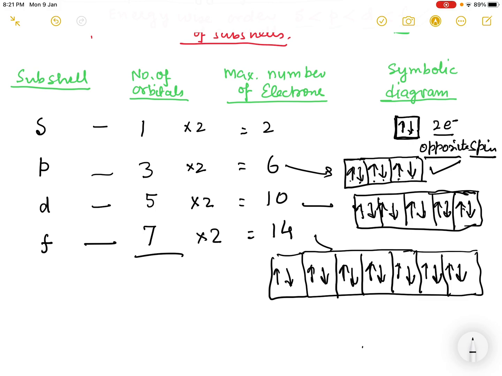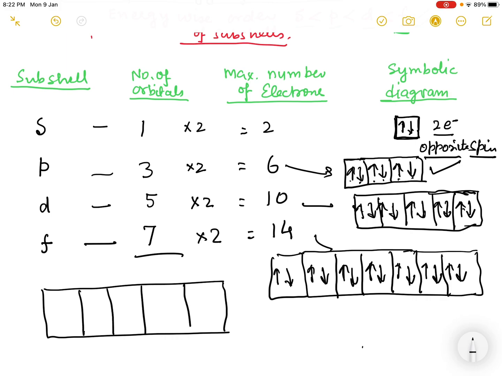See, in these orbitals, suppose this is the D subshell, then first electron will go to this orbital, the second will go in this orbital, third will go in this, and fourth will go in this, and fifth will go.